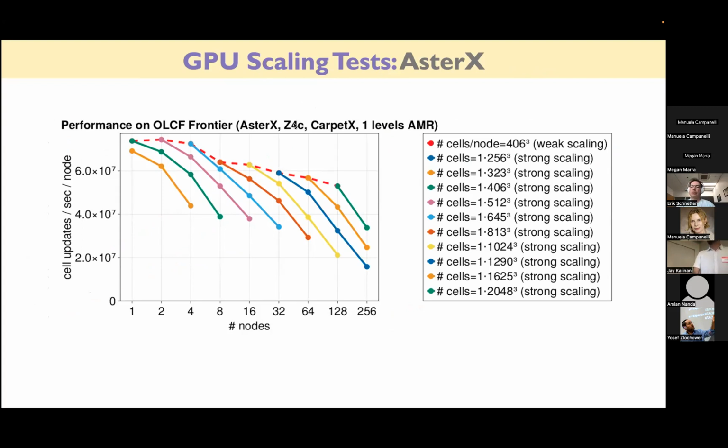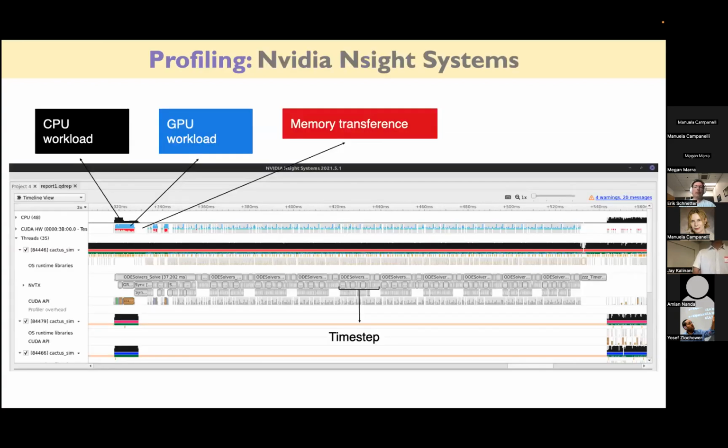So it doesn't affect the evolution much, but we can get some insights on the performance. For the strong scaling test, we see a fall off of about 50% or more. This needs to be better. For weak scaling tests, the efficiency also goes down by about 50%. So this is something we're still looking at.